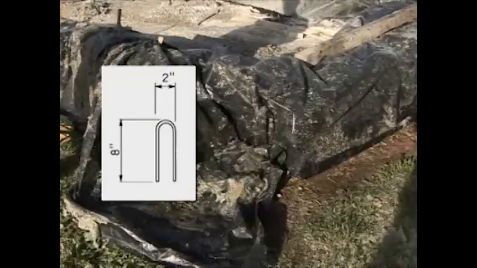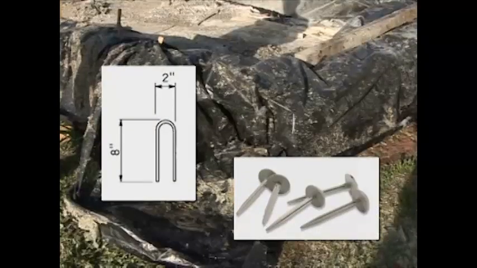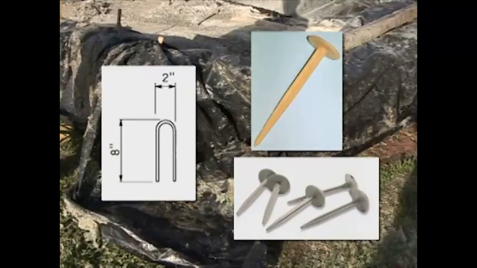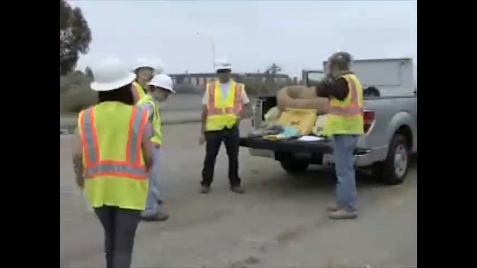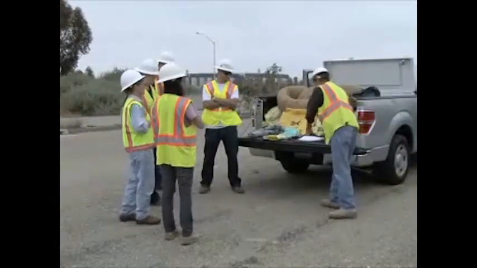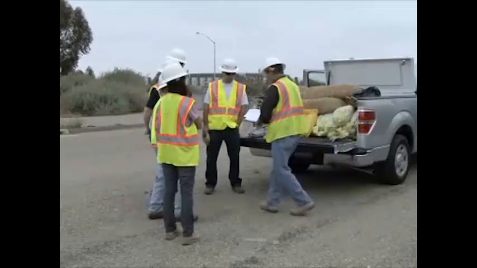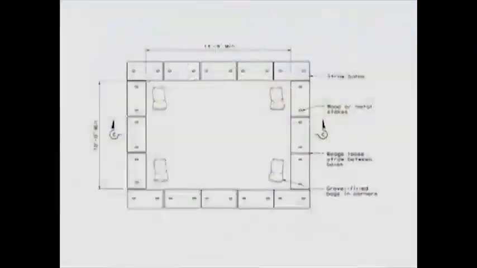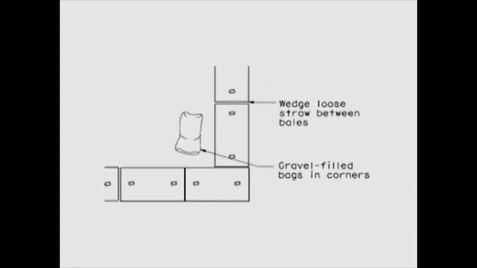As an alternative, a geotextile pin or plastic peg may be used instead of staples. If the contractor chooses to use an alternative attachment device, then it must be submitted to the resident engineer for approval before installation. Once the liner is anchored, gravel-filled bags are placed in each corner.